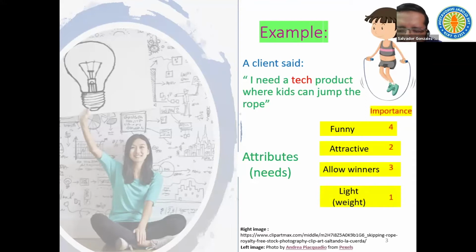Then we discuss these numbers, the importance. How important is the funny aspect? How important is the light aspect, the attractive, and the allow winners?